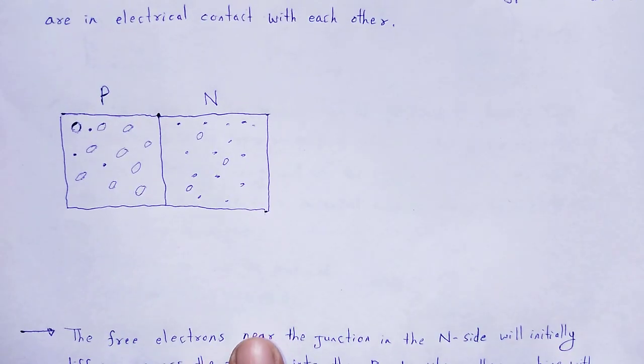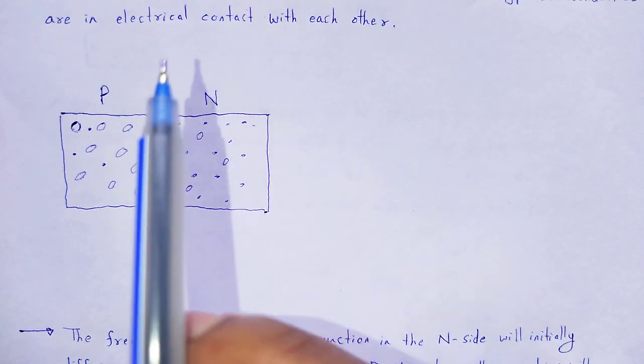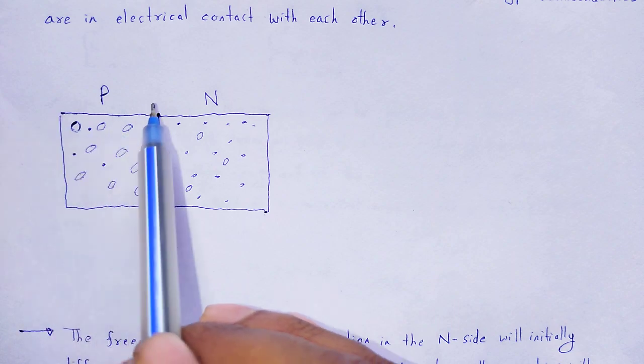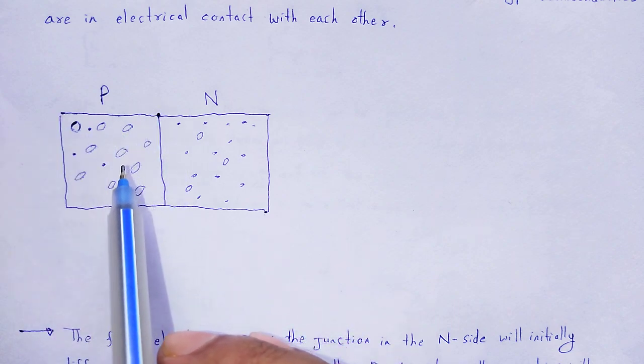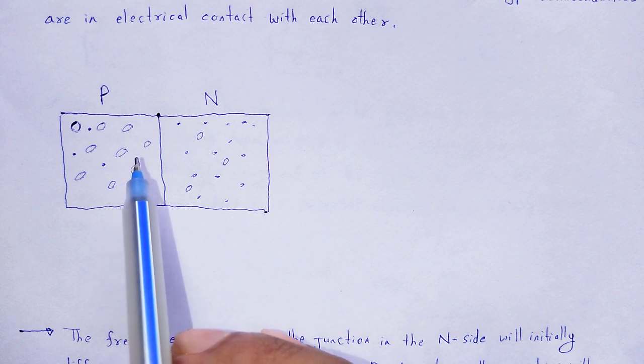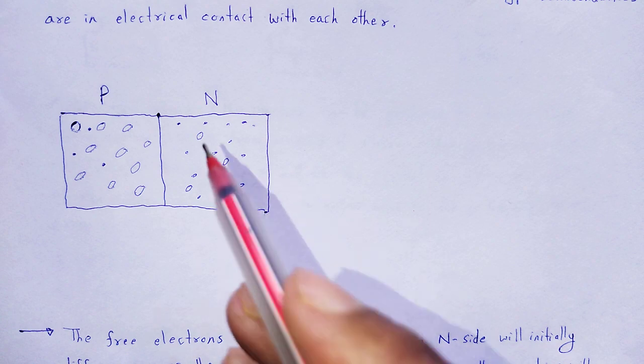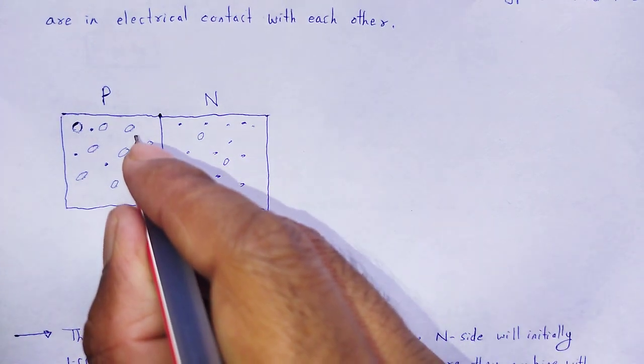Look here. In case of P type semiconductor, there will be the acceptor ions.